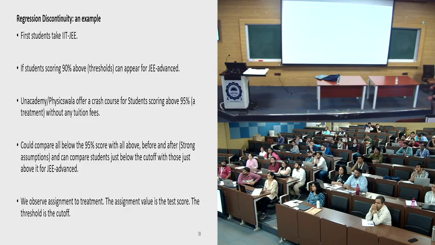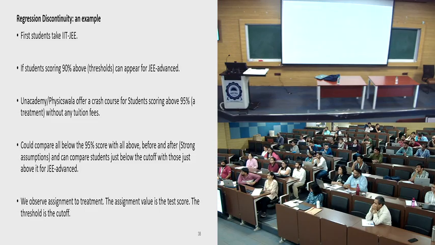Clear? So the threshold is nothing but the cutoff. I think it's an interesting exercise. You don't need to know the name of the student. You just go there and ask what has happened.